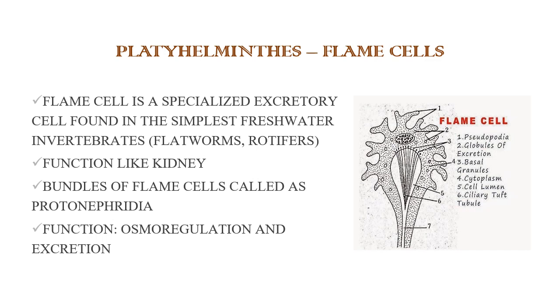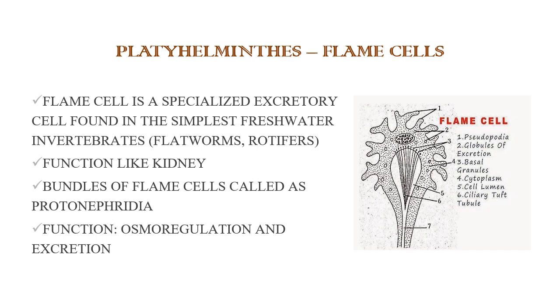What is meant by osmoregulation? Osmoregulation means the maintenance of solute and solvent within the internal environment of the body. So how does it maintain this? See the diagram. We have the body lumen, which is marked as number 5 here. Nutrients and unwanted excretory products pass through the lumen.